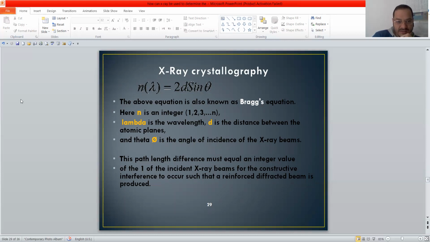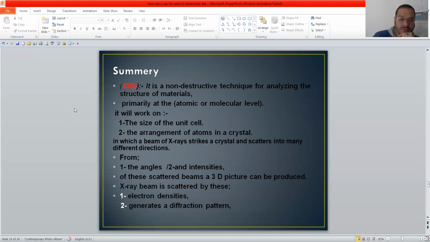Incidence means from this side. Note, I didn't talk about the reflections. This path length difference must equal an integer value of the wavelength of the incident X-ray beam for constructive interference to occur, such that a reinforced diffracted beam is produced.